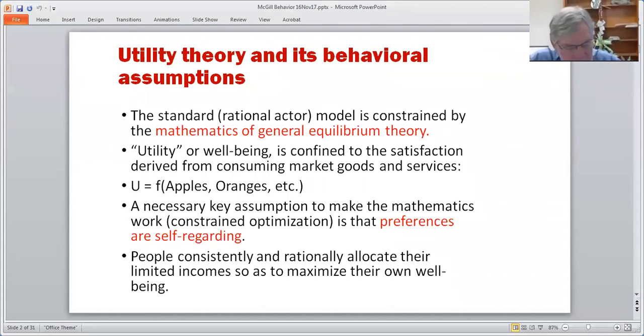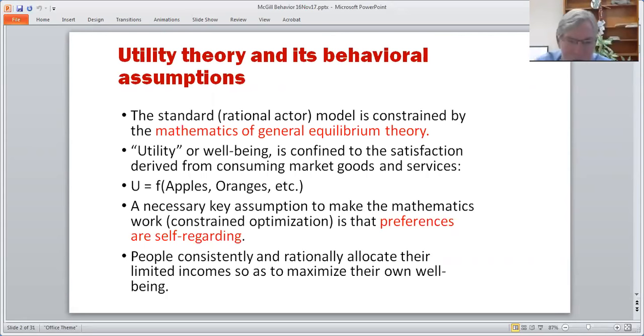Okay, so economics, usually in economics textbooks, you start with utility theory, and all this really is based on a mathematical structure that goes back to the 1870s, so almost 150 years old. If you can abstract yourself from the implications, it's really a beautiful system.